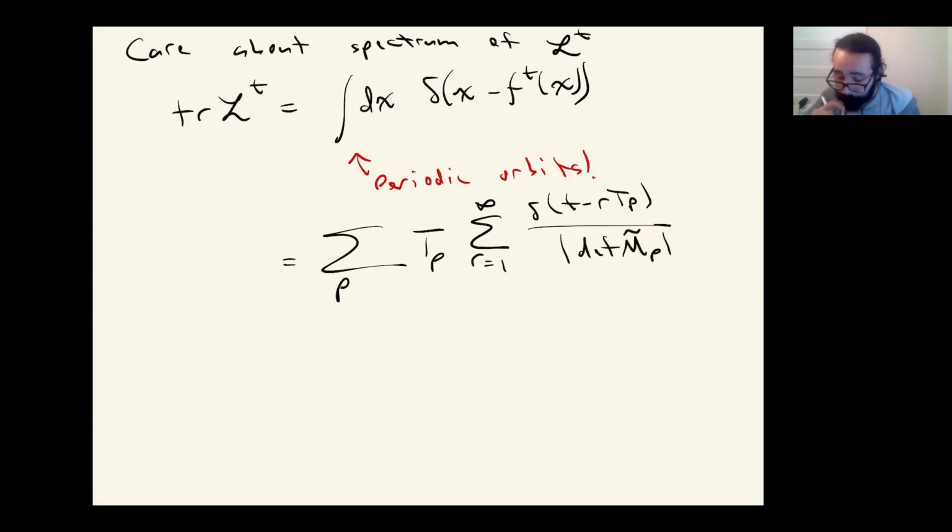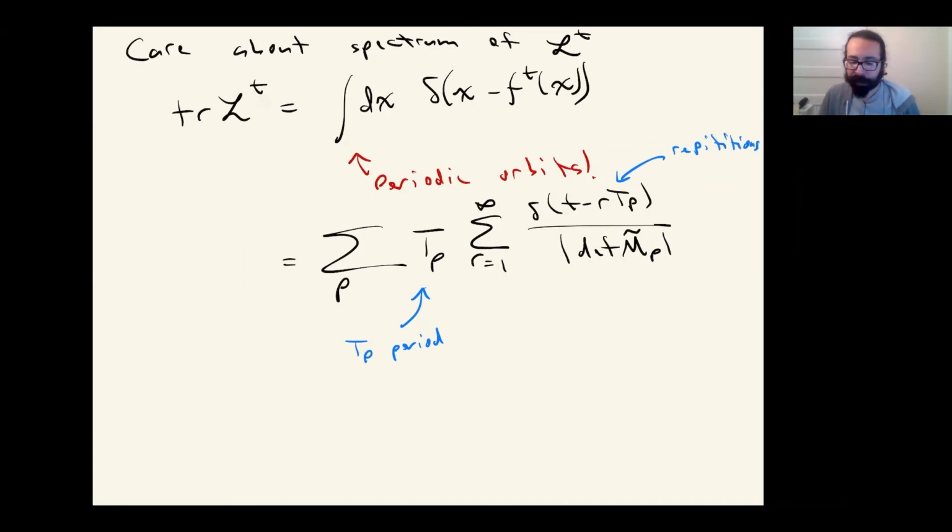So, there are a lot of variables in this thing here. T sub p is just the period of our orbit. This is just the statement that I could repeat that orbit r times in the given time interval t.